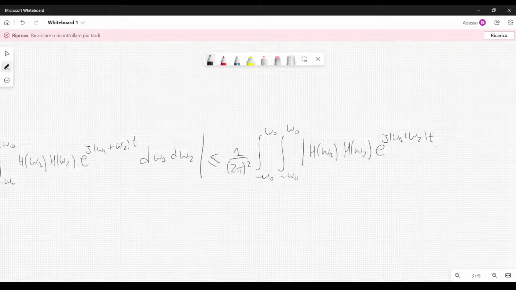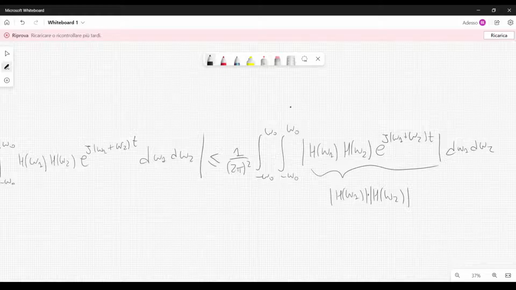Sorry, let's put the straight bar here to indicate that we have to close the absolute value. So this is the magnitude of this complex quantity, d omega 1, d omega 2. We already know that this is equal to the magnitude of h of omega 1 times the magnitude of h of omega 2. So we have the product of these two magnitudes.